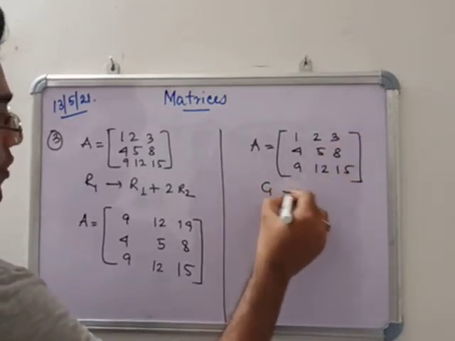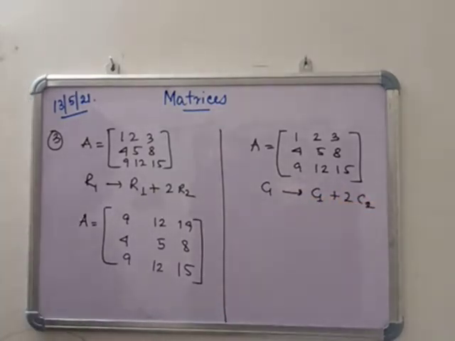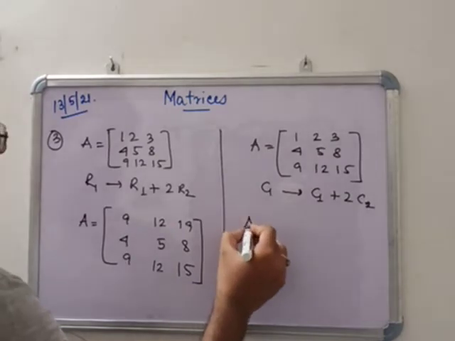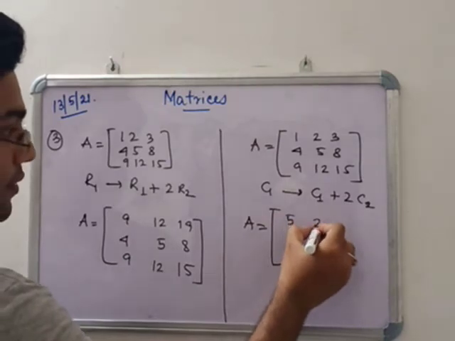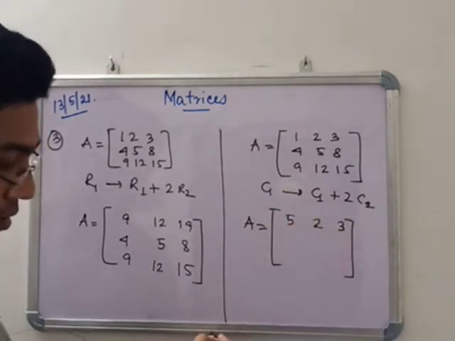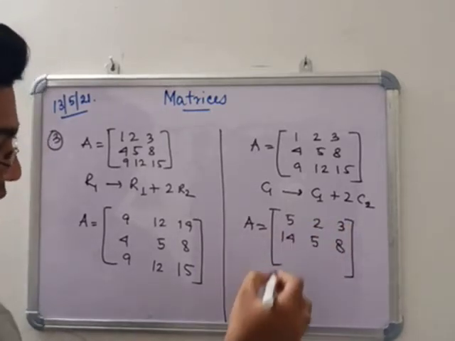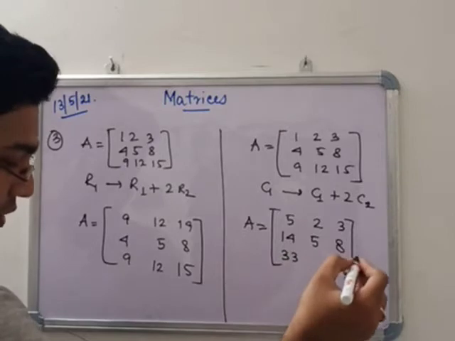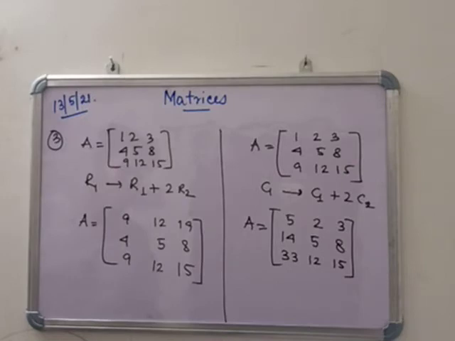We are applying C1 plus 2 C2. Now A equals to 5, 2, 3, 14, 5, 8, 33, 12, 15. So this is the rule for elementary row operation or column operation.